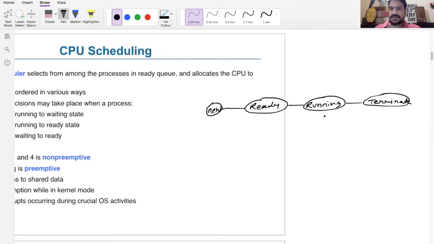And we have a mid-term or middle-term scheduler, which is responsible for taking the decision when some process is in the waiting state, and this waiting state has been suspended. So it will go to the suspend state.